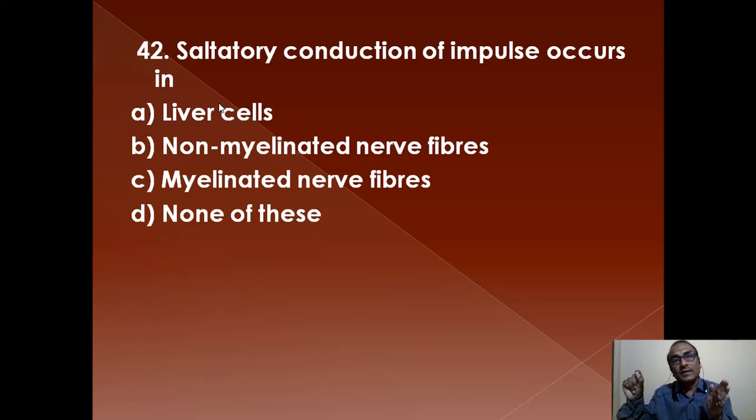So as if it is halting there and again moving very fast. So it appears as jumping from one node of Ranvier to another. That is taking place in myelinated nerve fibers only. So therefore C is the right option.